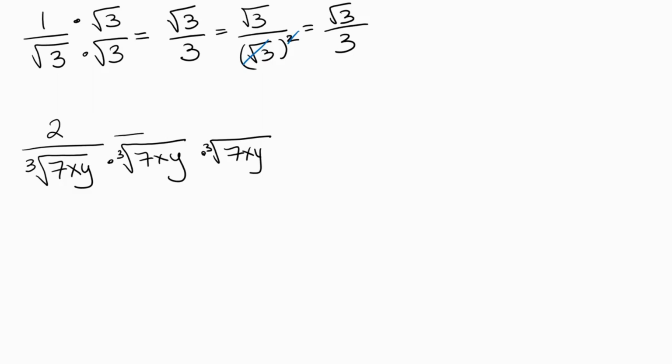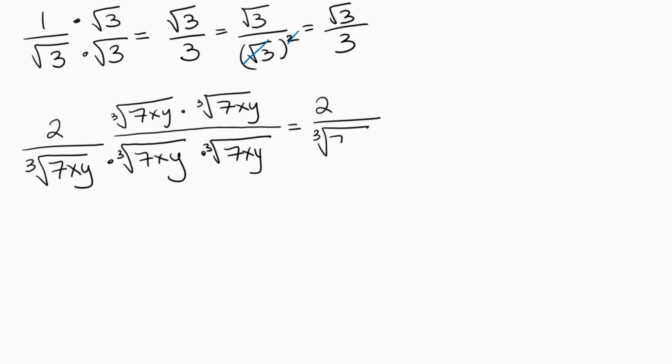So on the top, that means we're going to do the same thing, the cube root of 7xy times the cube root of 7xy. You can also have written this as, I'm going to rewrite the first part, as the cube root of 7xy squared. They're both the same thing. It just depends on what you prefer, right?